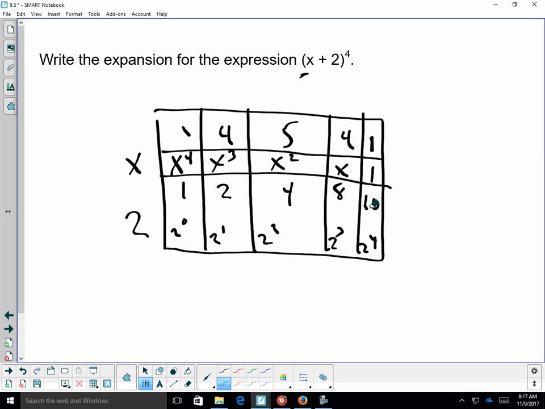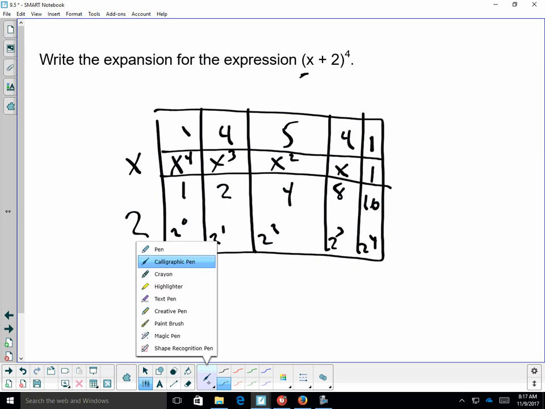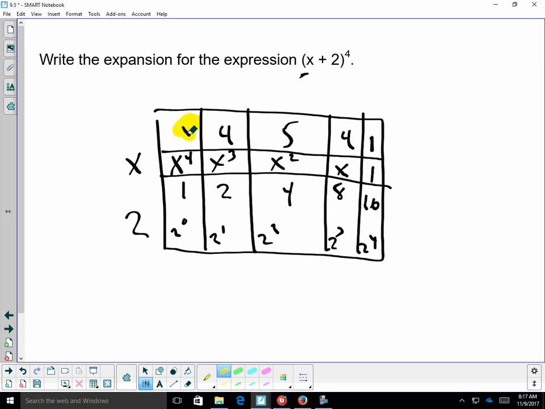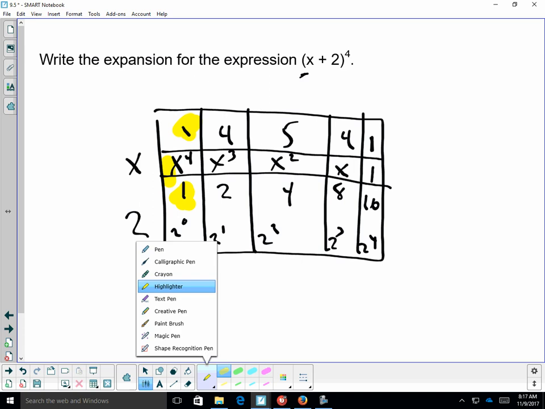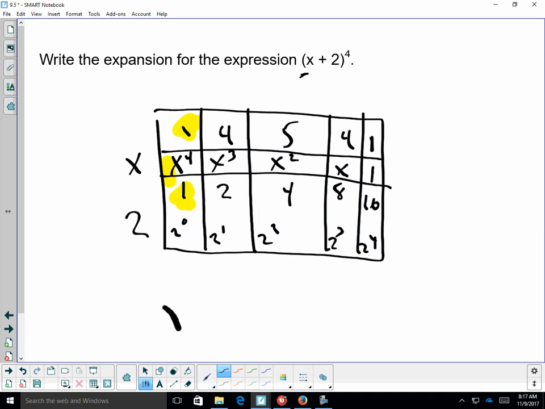Then to do the expansion, I'm going to multiply my coefficients. So I'm going to have 1 times 1 times 1, and I'm going to end up with x to the 4th. Now I'm going to multiply the 4 times the 1 times the 2, and I'm going to have plus 8, and then it's x to the 3rd.